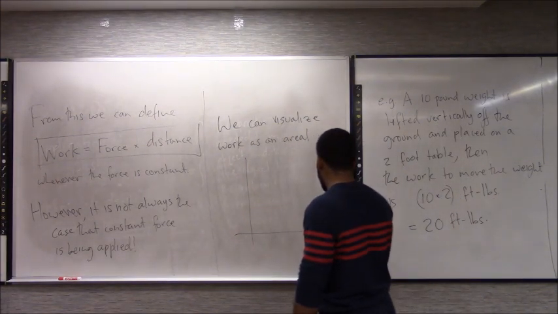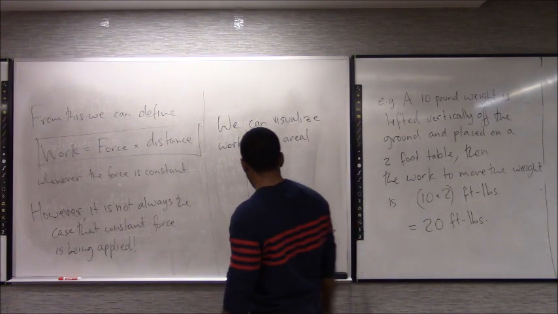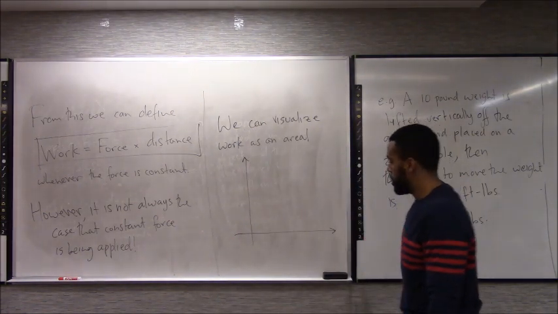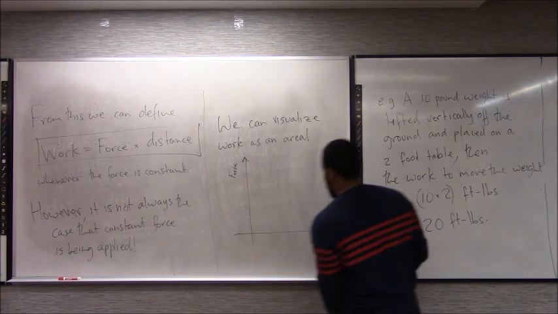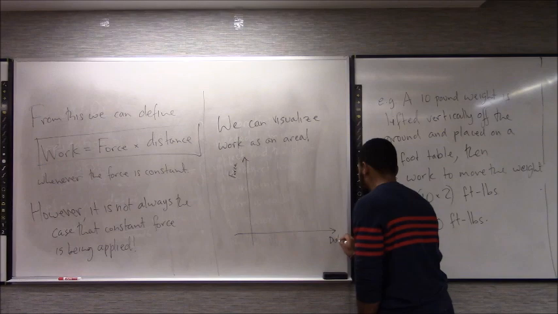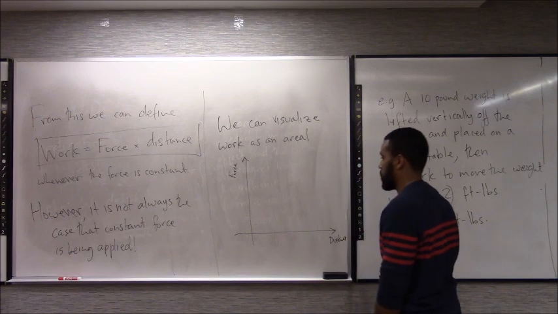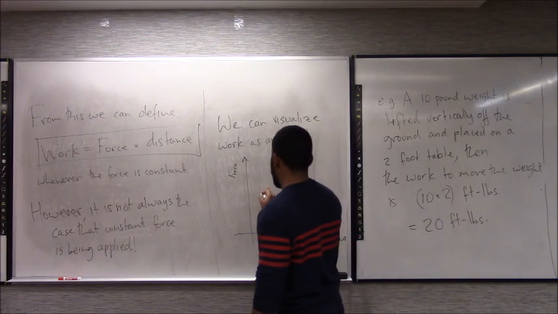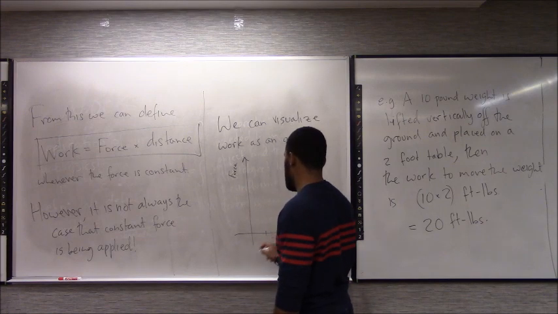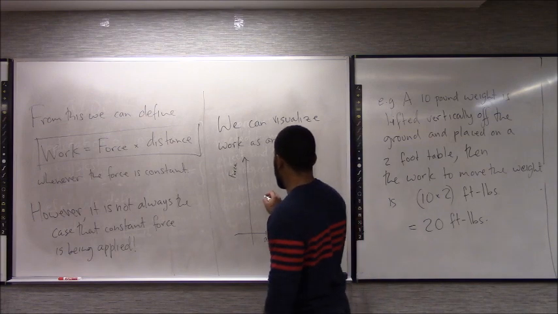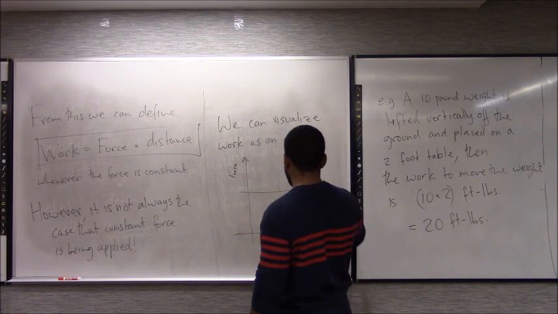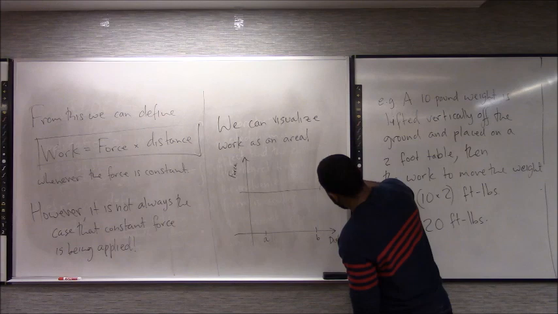Basically, we just imagine if this whole force times distance thing is going to be how we define it, then if I were to sketch force versus distance, and if I have some constant force, let's say it's moving from position A to position B, and my force is just a constant function. So this here is f of x equals the force, and it's constant.